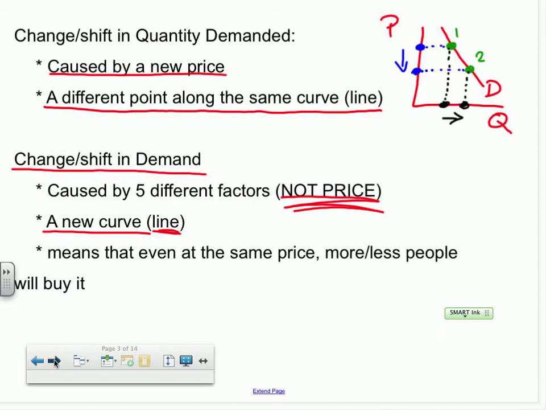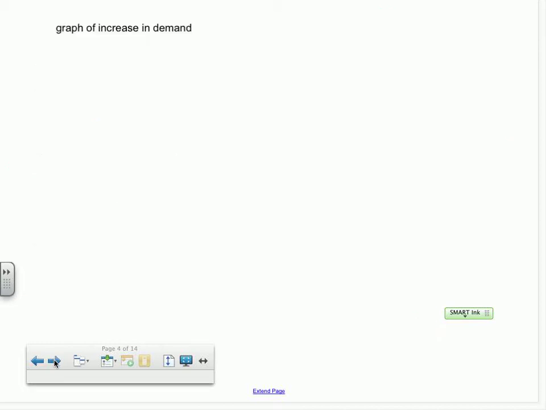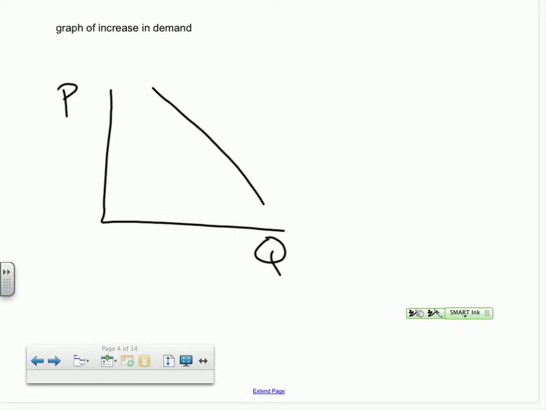Let's graph that out and see what it means. So an increase in demand. Draw your axes, P, Q, D for demand, and we're going to label it D1 because we're going to add a new demand curve, D2, to this graph. And we are going to add that D2 to the right, a rightward shift of where our D1 is.